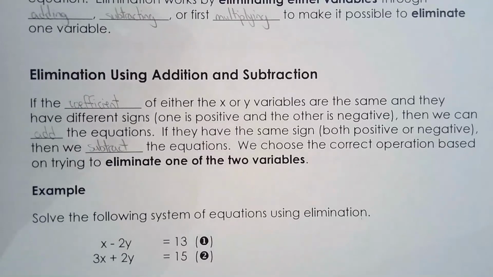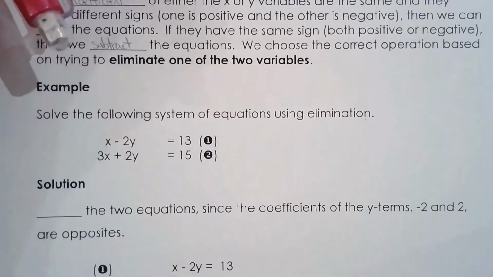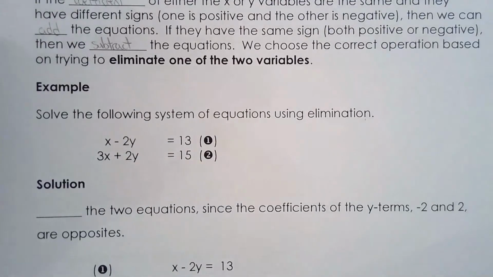You'll eliminate one of the variables. So we choose the correct operation based on the fact that you're trying to eliminate one of the two variables. You know what? The example will explain everything that we just wrote down.